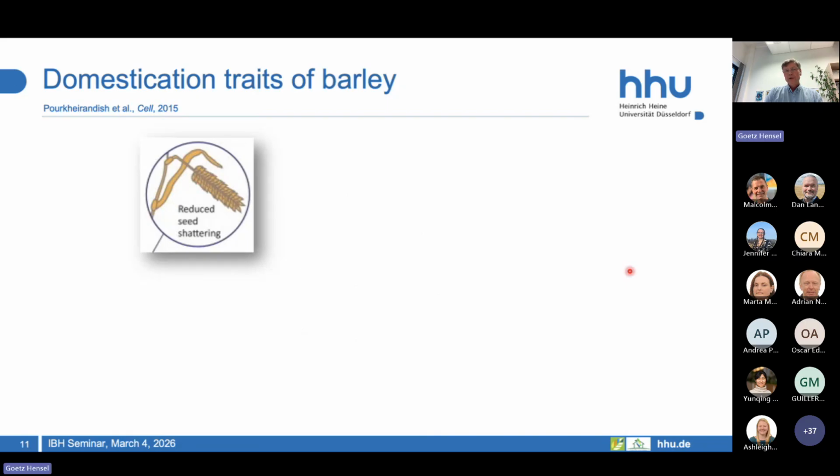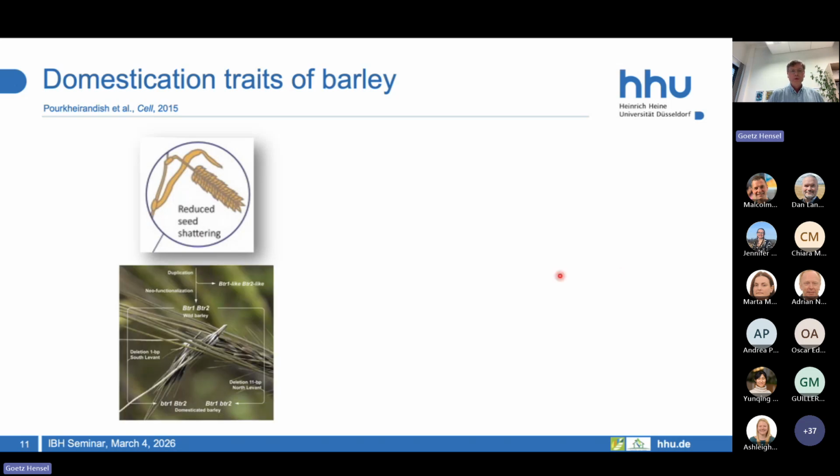And I want to include one of the examples where we were involved in a study led by Takao Komatsuda from Japan, where he was interested in this seed shattering. And here it turned out that two genes are involved in the shattering in barley, which are called BTR1 and BTR2, brittleness genes.